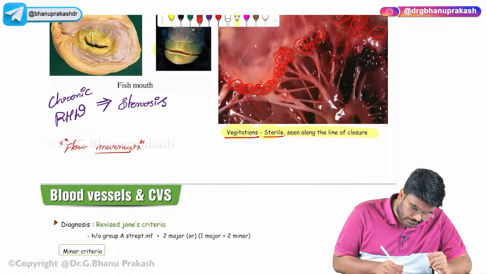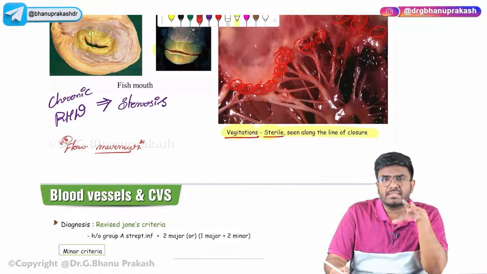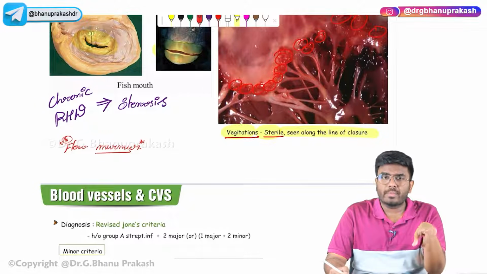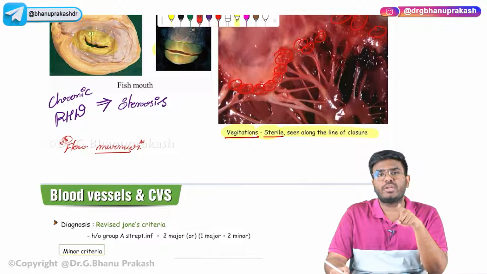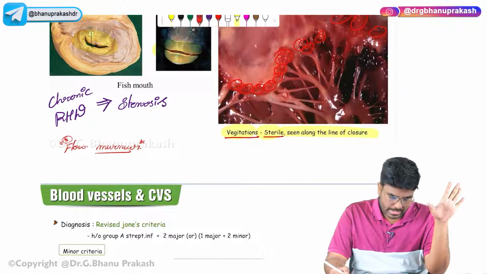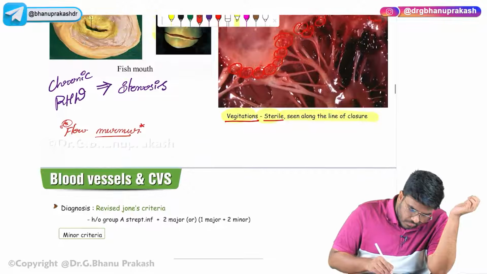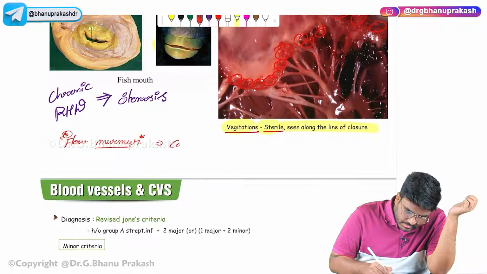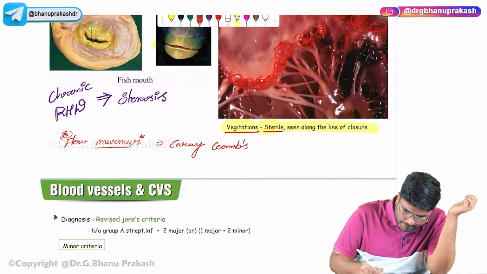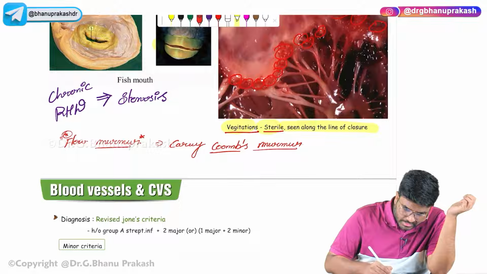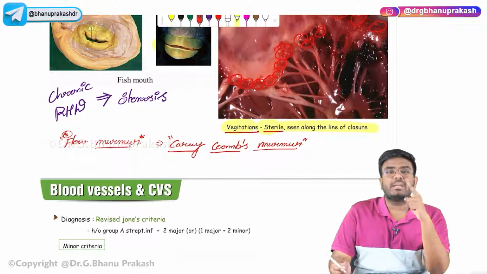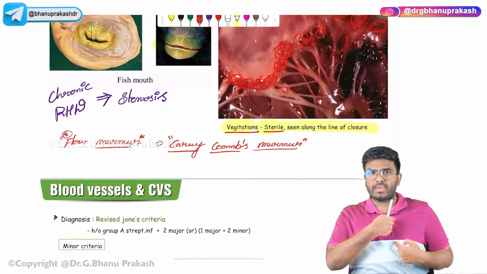See, in this rheumatic heart disease, yes, there is a holosystolic murmur because of the mitral regurgitation. Mitral regurgitation is going to cause the holosystolic murmur, no doubt. Not only that, there is a flow murmur called the Carey-Coombs murmur. So what exactly is this Carey-Coombs murmur? It's a flow murmur. This regurgitant blood came into the left atria, right?